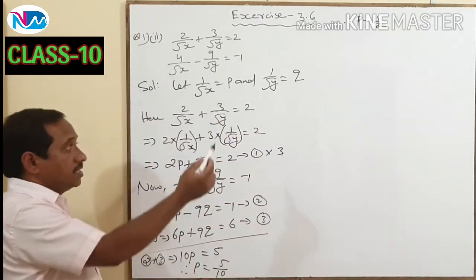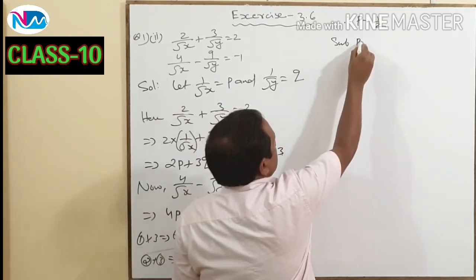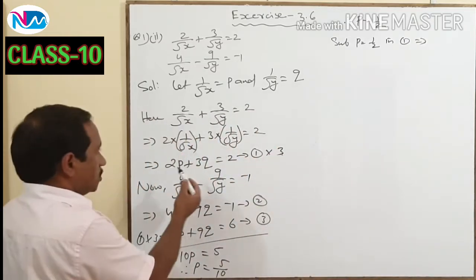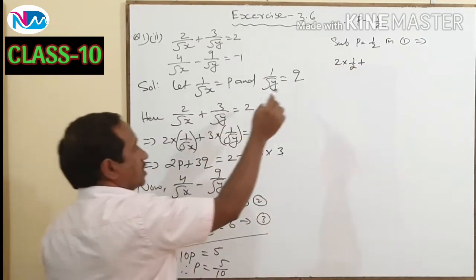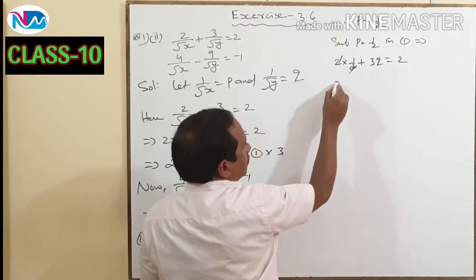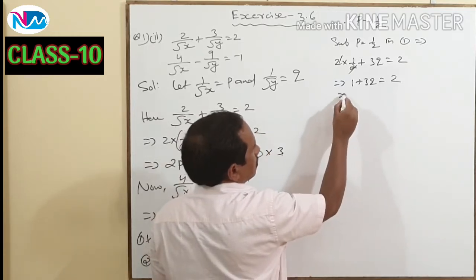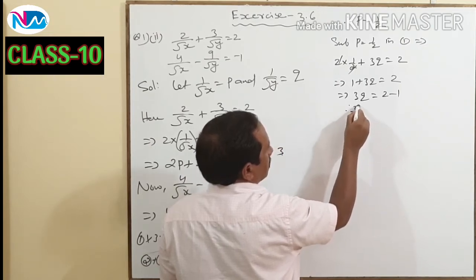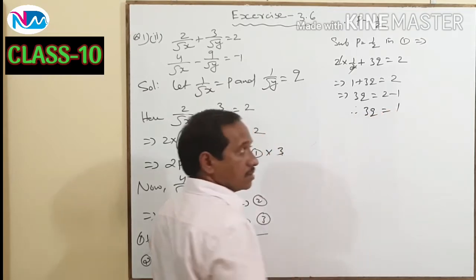Now we substitute p is equal to 1 by 2 in equation number 1. Substituting p is equal to 1 by 2 in equation number 1 gives 2p, means 2 into 1 by 2, plus 3q is equal to 2. 2 and 2 will be cancelled, we get 1 plus 3q is equal to 2, and therefore 3q is equal to 2 minus 1, hence 3q is equal to 1.